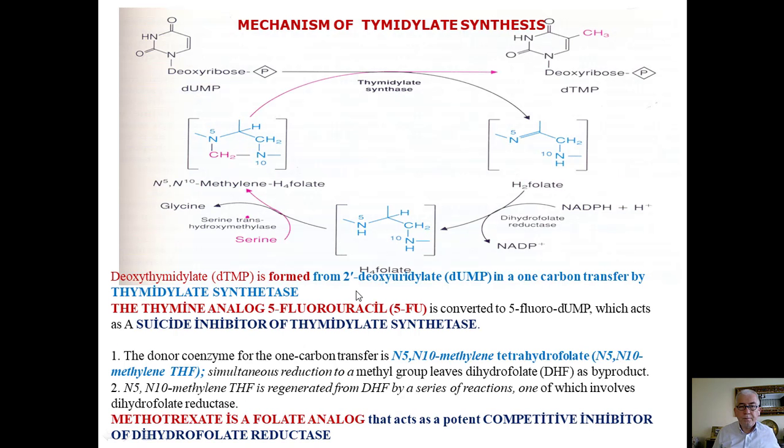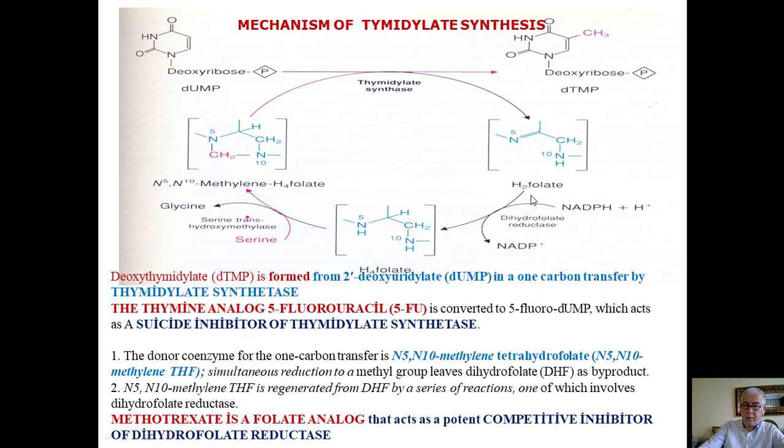I would like to look at this metabolic process a little more deeply. We can see deoxy-UMP is a substrate for thymidylate synthase and produces deoxy-TMP, and the enzyme also uses methylene tetrahydrofolate as another substrate and produces dihydrofolate.